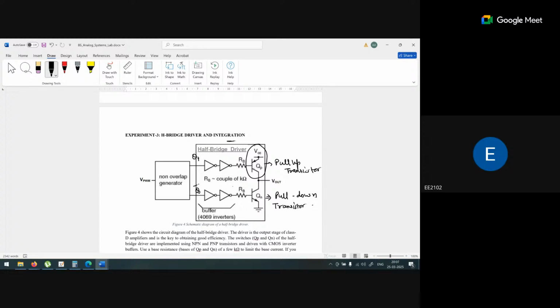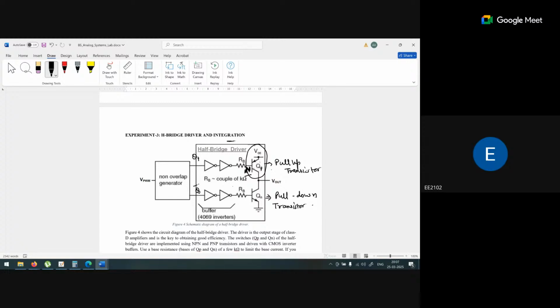This is the N terminal. If we provide the lower voltage at the N terminal, my transistor will be on. If we provide the higher voltage at this N terminal, my transistor is off.